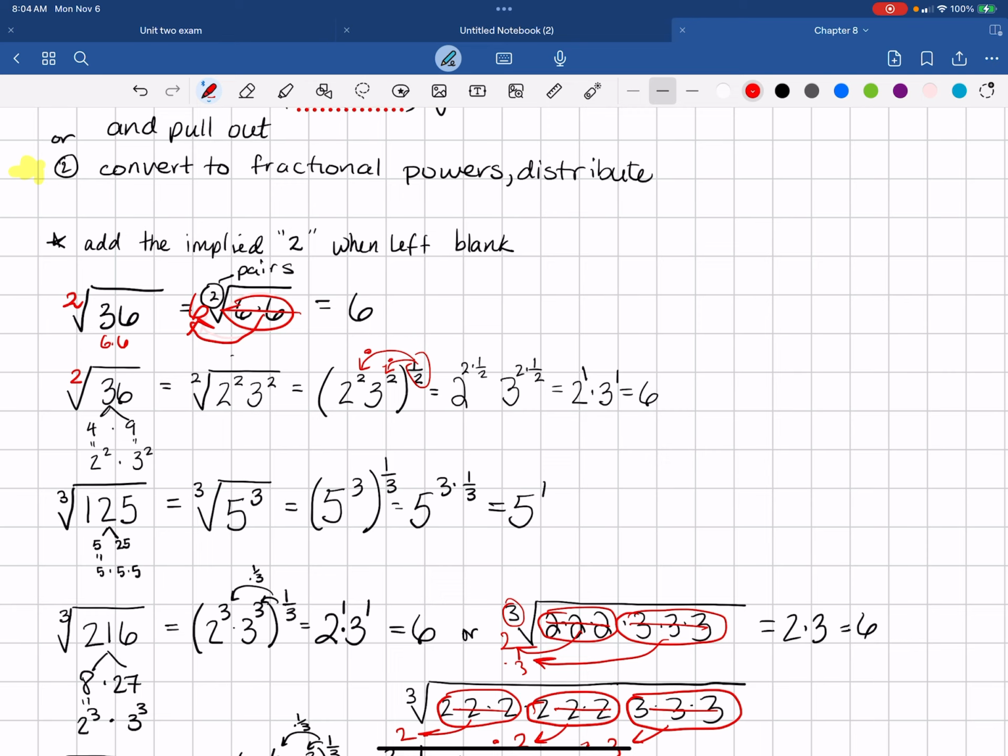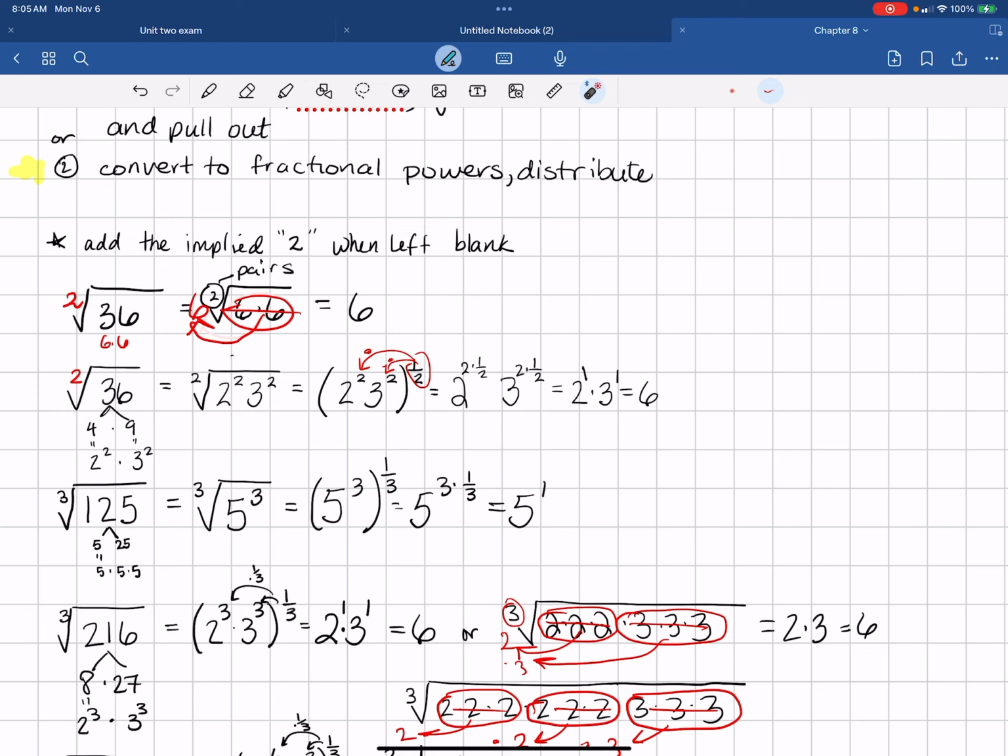Another way to look at it, if I want to do pure prime factorization, 36 is 4 times 9. 4 is 2 squared. 9 is 3 squared. So I can write the square root of 36 as the square root of 2 squared times 3 squared, and I'm going to convert this to its fractional powers.